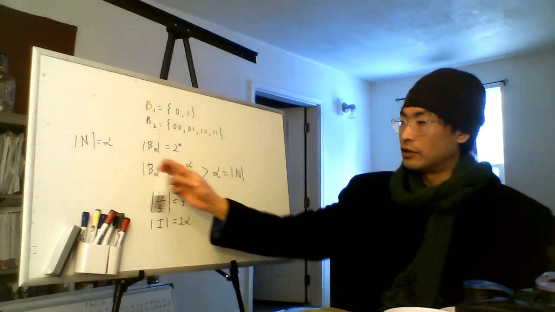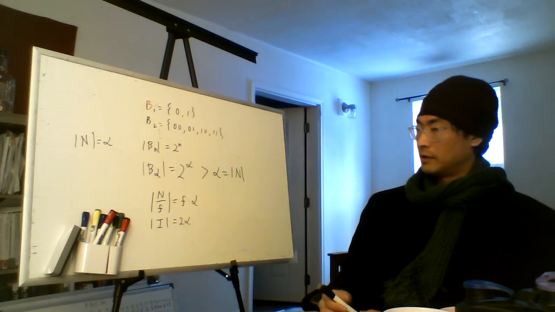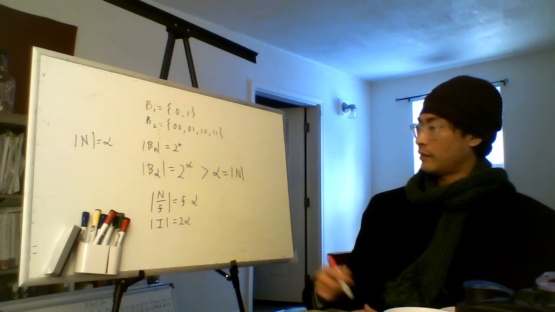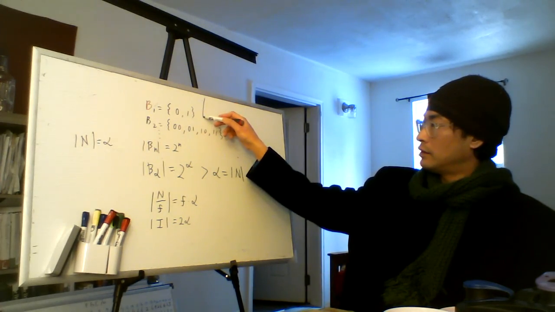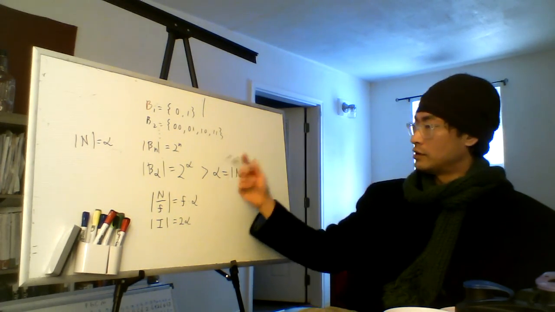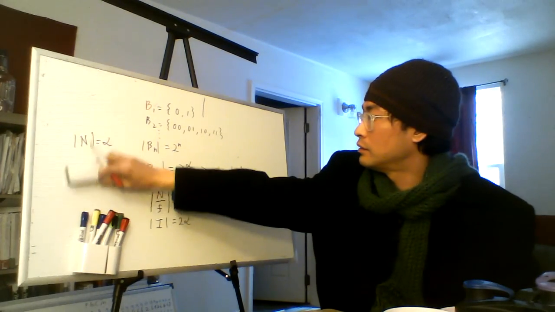The set of all rational numbers is this. We don't need this anymore, so let's erase it.